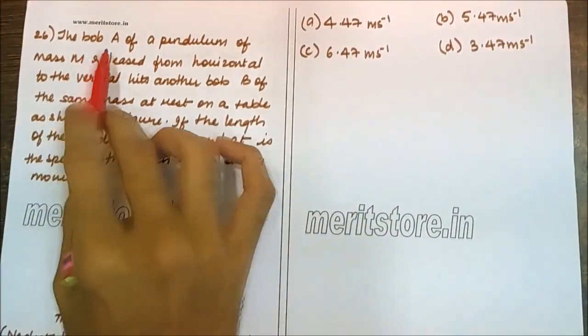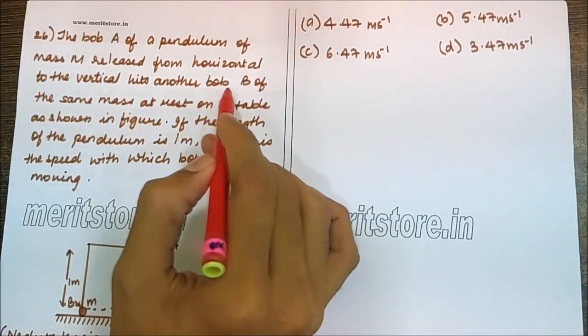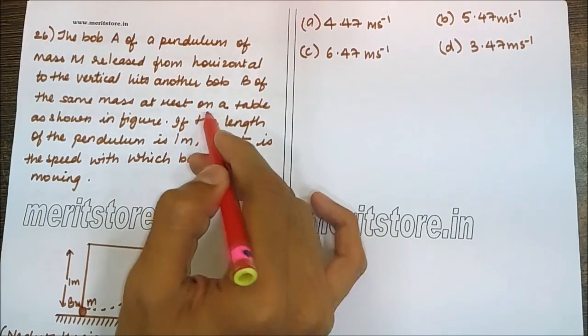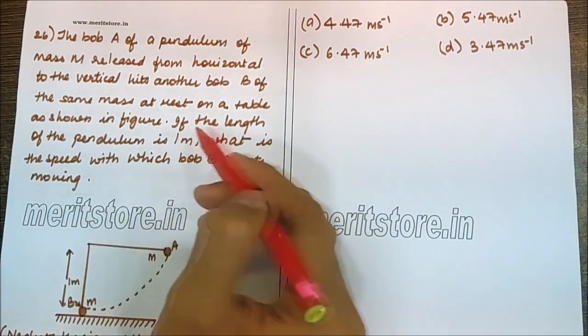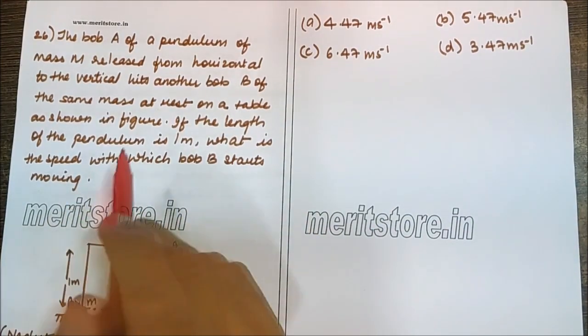A bob A of a pendulum of mass m, released from the horizontal to the vertical, hits the bob B of the same mass at rest on the table as shown in the figure. If the length of the pendulum is 1 meter, what is the speed with which the bob B starts moving?